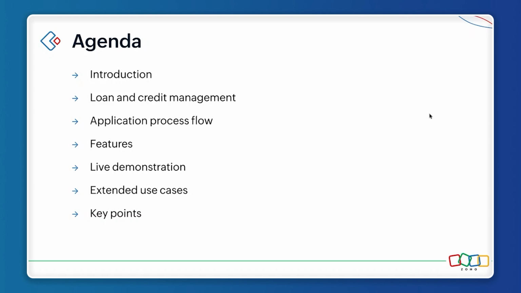We'll discuss the application process flow used to build the application and the features that are used to enhance the working of the application. Finally, we will see the actual live demonstration of this loan and credit management. We will discuss some of the extended use cases, and we will conclude the session by discussing some key pointers and summarizing it. So this is going to be the agenda.